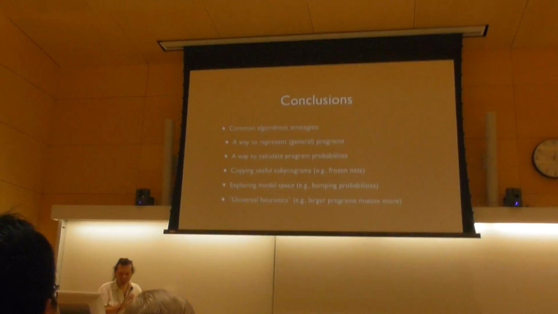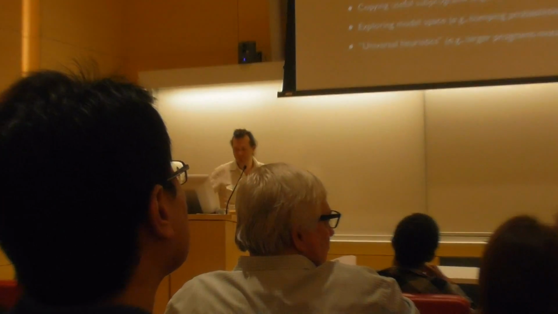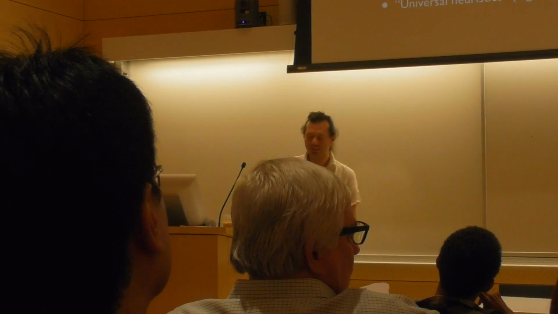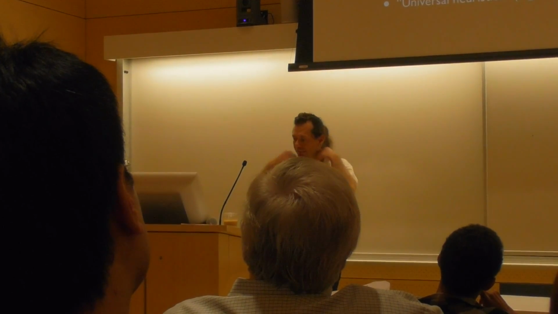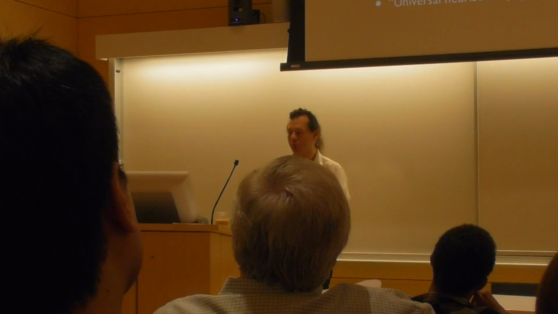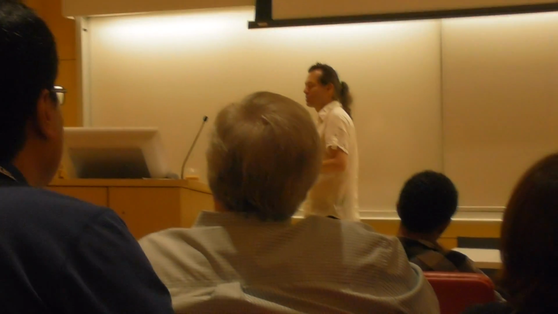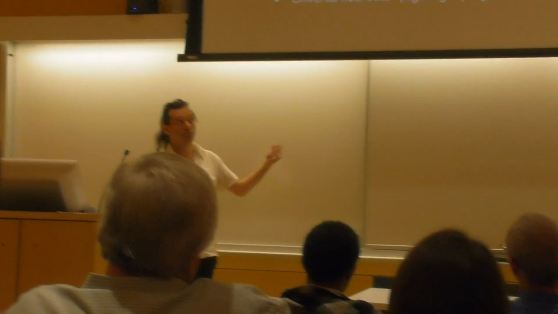Okay, so we need a way to calculate program probabilities, and we need a way to copy useful subprograms, usually. And we also need these clever methods to explore the model space efficiently and by introducing as much variation as possible.